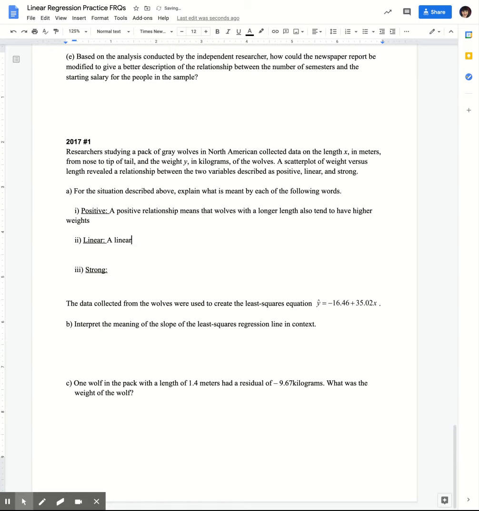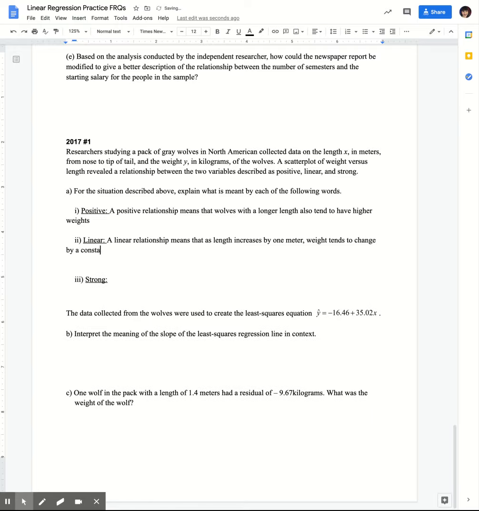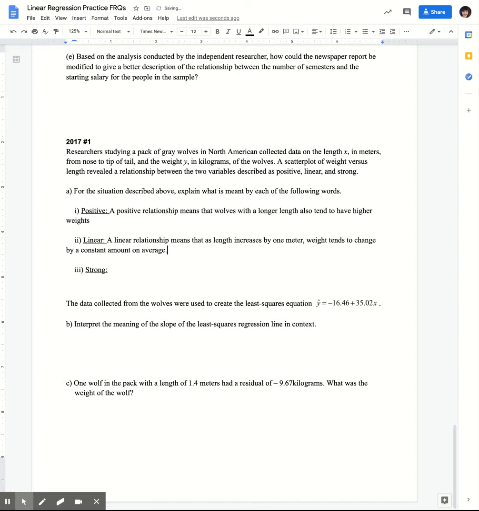So a linear relationship means that as length increases by 1 meter, weight tends to change by a constant amount on average. Okay, notice that I said that the weight tends to change rather than saying the weight tends to increase, because at this point in the problem, we don't know whether the weight is increasing or decreasing.